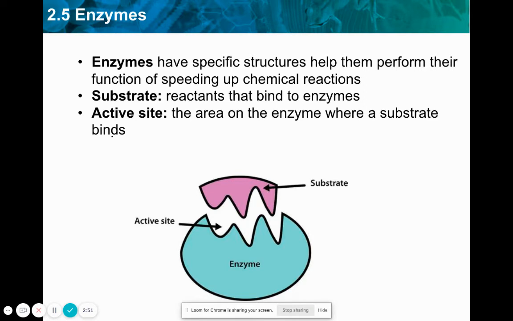This starting molecule is known as a substrate, or a reactant. So basically, a reactant or a substrate is the starting ingredient that you are trying to use in order to create a finalized molecule or a finalized compound during a chemical reaction. And this substrate will bind to an enzyme so that it turns into a product much faster.